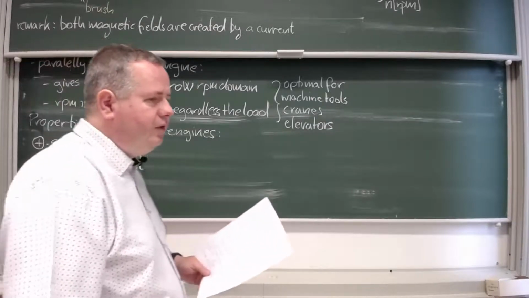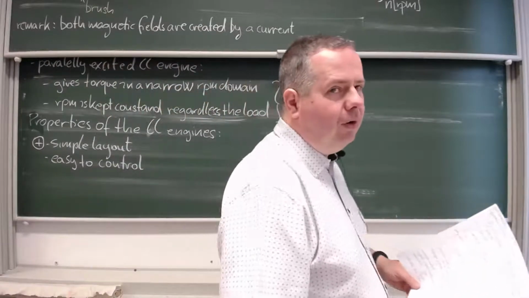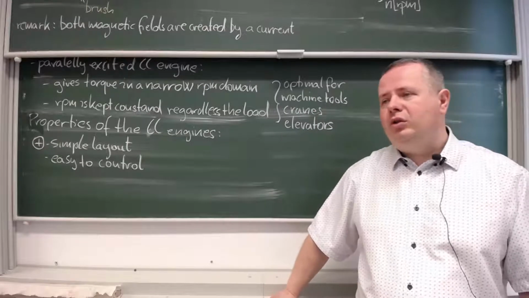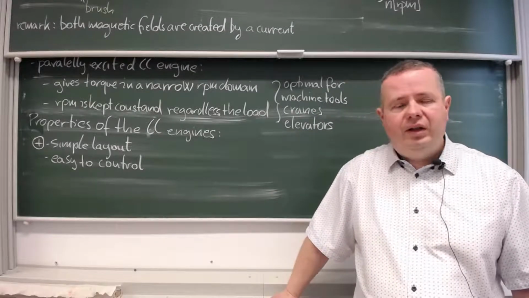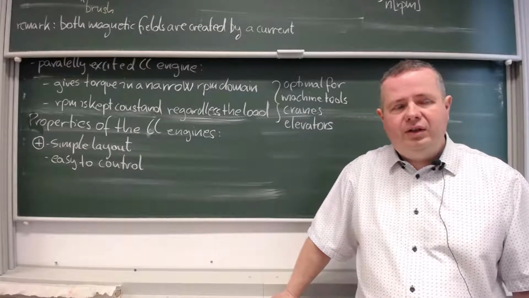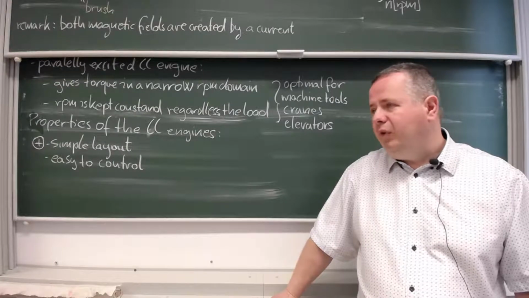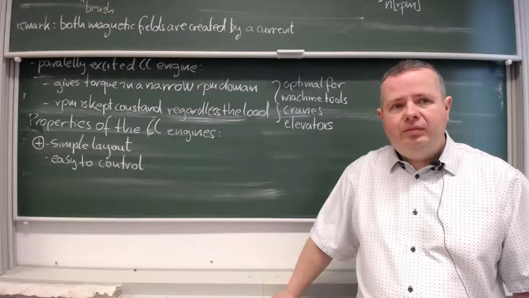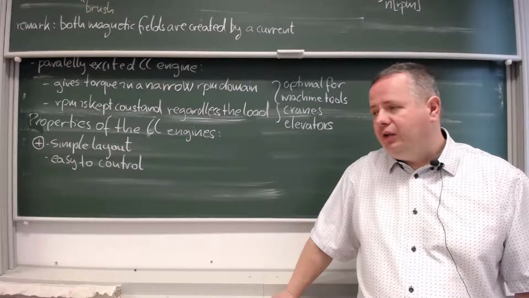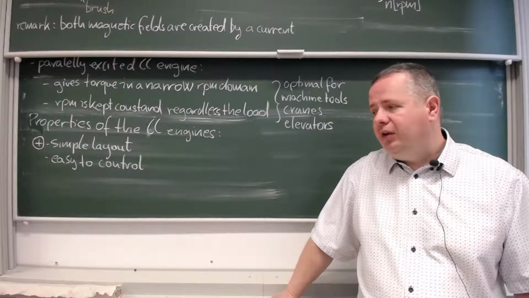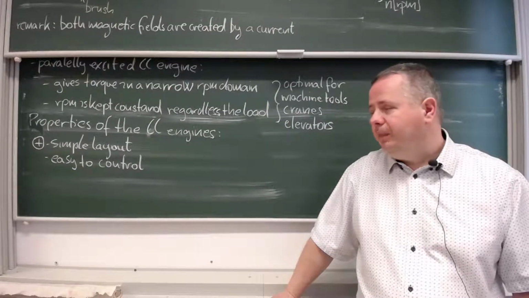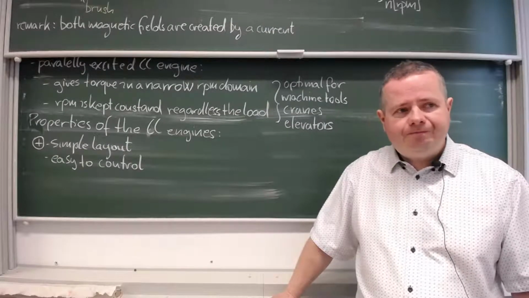Simple layout means you get a lot of copper wires inside, both in the stator for the homogeneous magnetic field and also in the rotor for the rotating wire loops. But you can do it without problem. You use special soft steel material for conducting the magnetic field, both in rotors and stator.